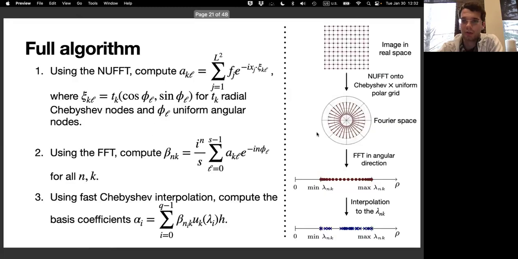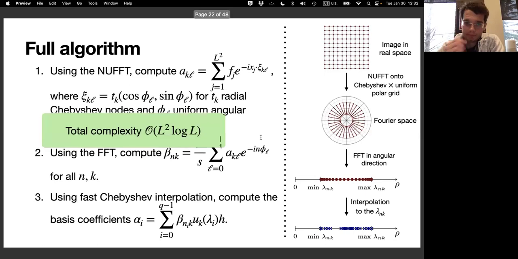Okay, so let me just go back to the overview of this algorithm again. What I tried to motivate now was why this grid doesn't have to be too large. Order L radial nodes, order L angular nodes. And once we've done that, it turns out to all work.